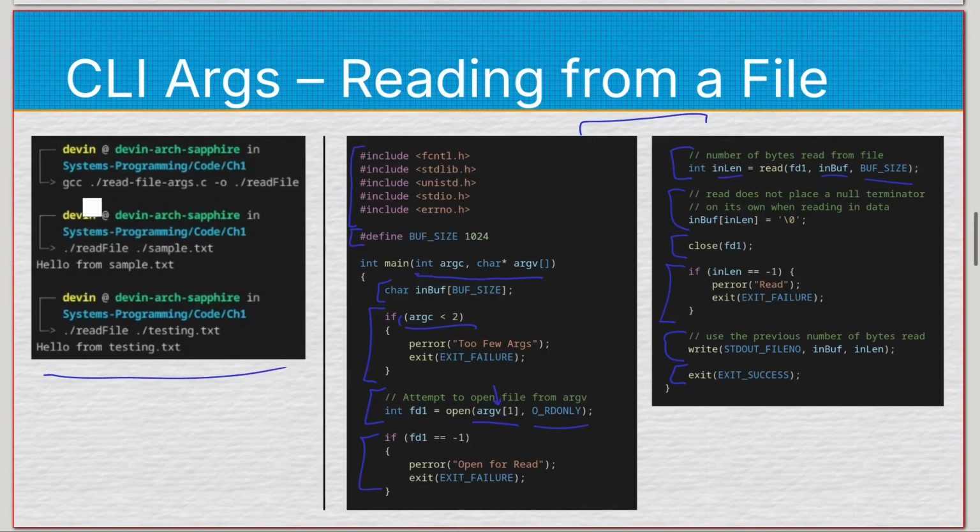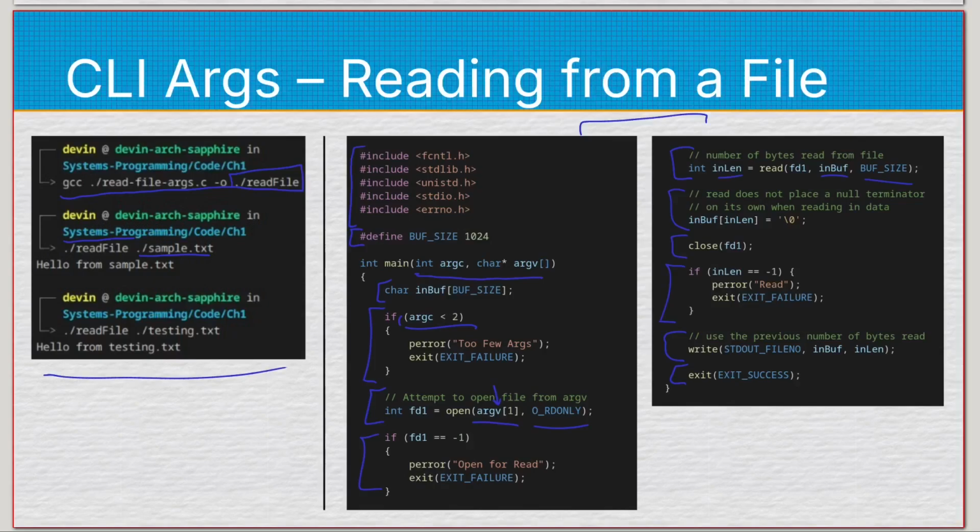If I look on the left side, I have my compilation step that's just passing my source code to GCC, naming it read file. So this file name is actually important. I have ./readfile that is executing what I just compiled, and I'm passing in ./sample.txt, so a text file in my current directory.